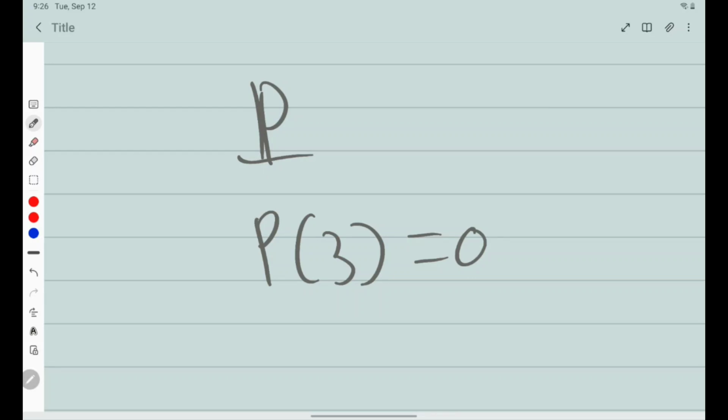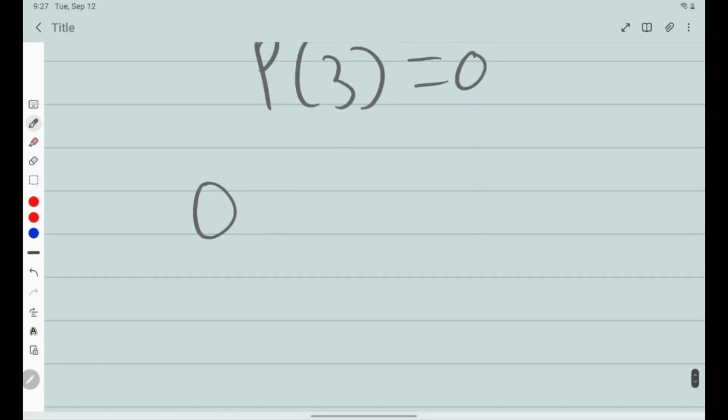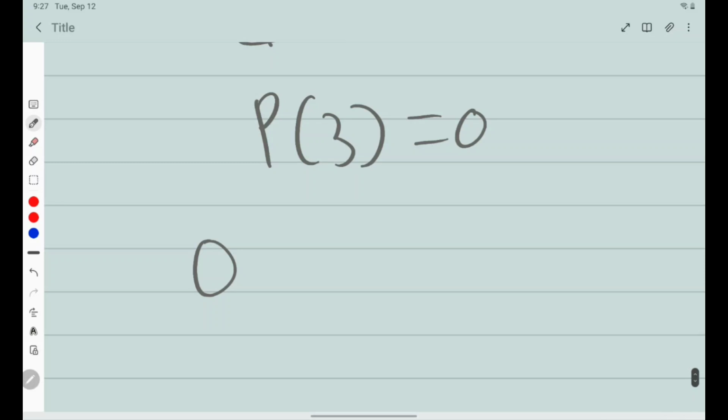So is our identity vector, or identity polynomial, in the set of polynomials where an input of 3 equals 0? Well, the identity polynomial is just the real value of 0. There is no input where 0 doesn't equal itself. So the first condition checks out.